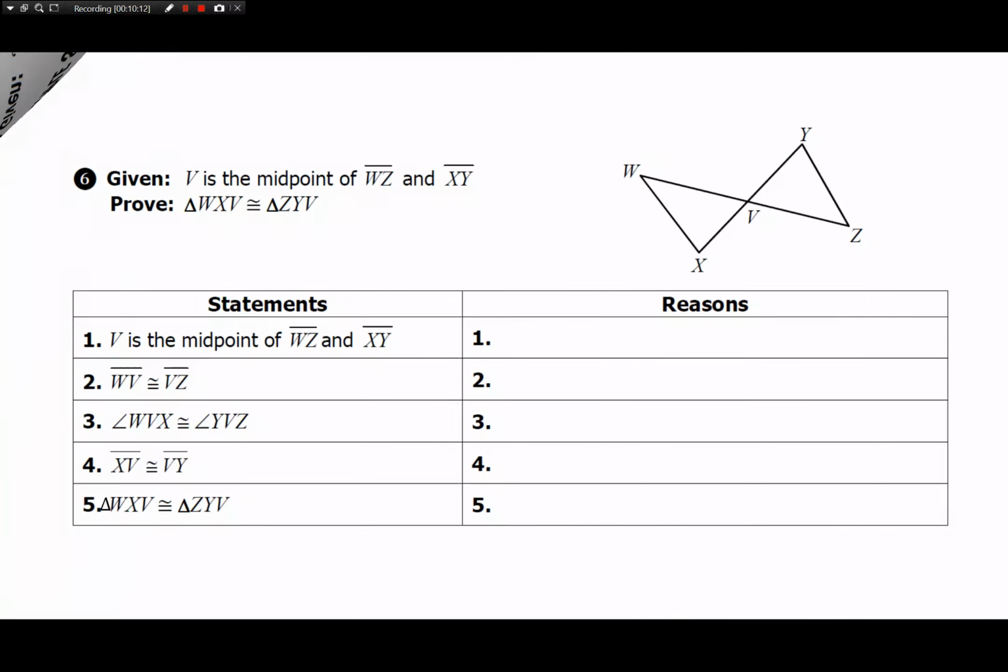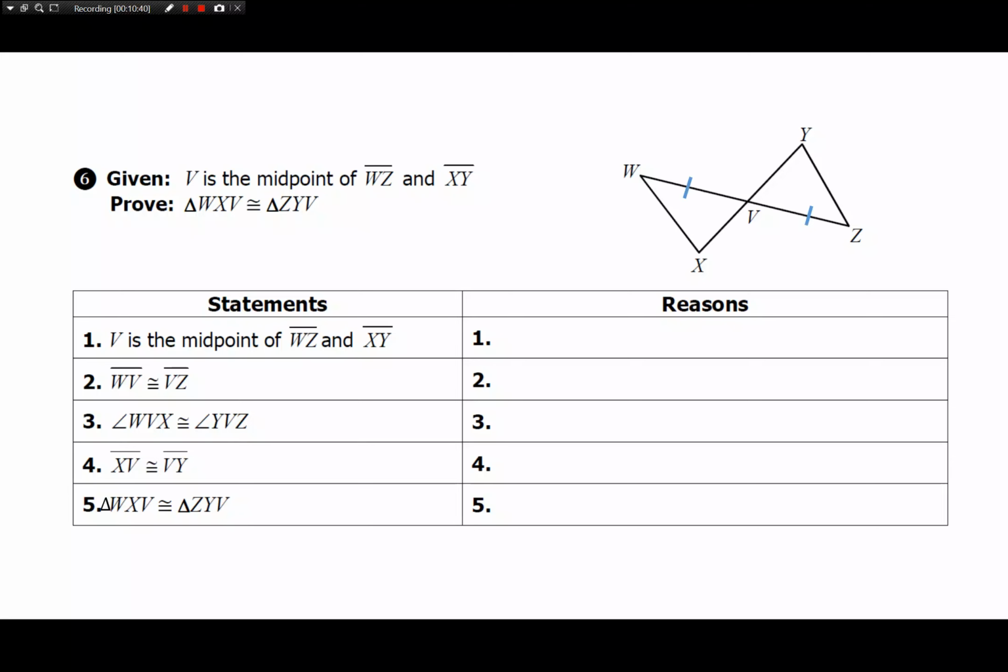Moving on to example 6, we have V is the midpoint of segment WZ and segment XY. We're trying to prove that triangle WXV is congruent to triangle ZYV. So, V being the midpoint of segment WZ will tell me that WV is the same as VZ.